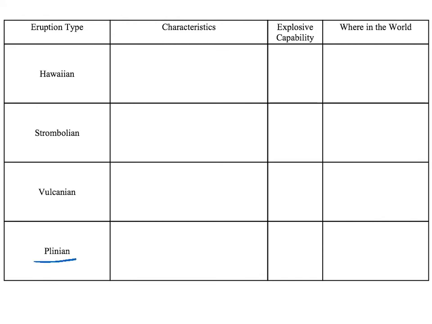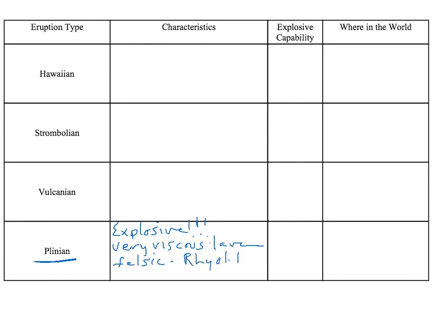The last type of eruption is the Plinian eruption, and these are explosive. These have very viscous magma or lava. We're talking about felsic material, stuff that would form rhyolite.